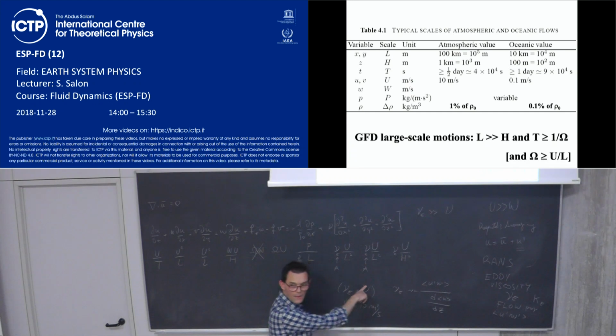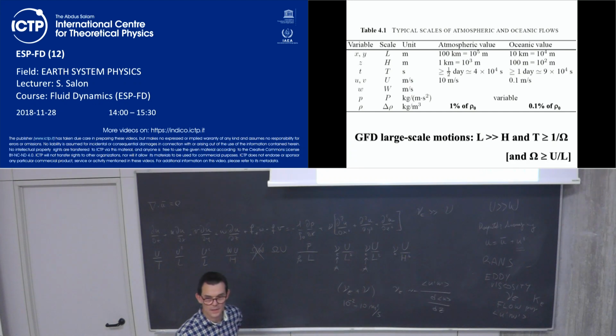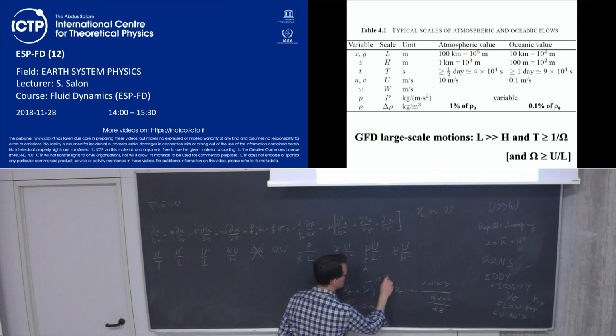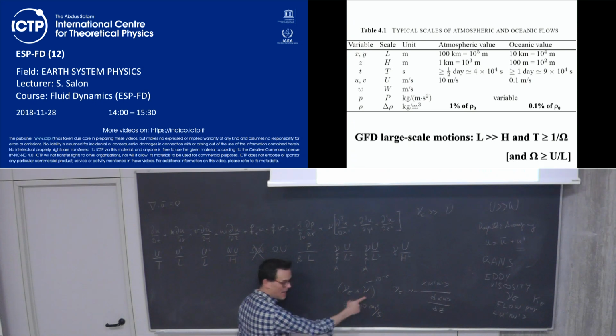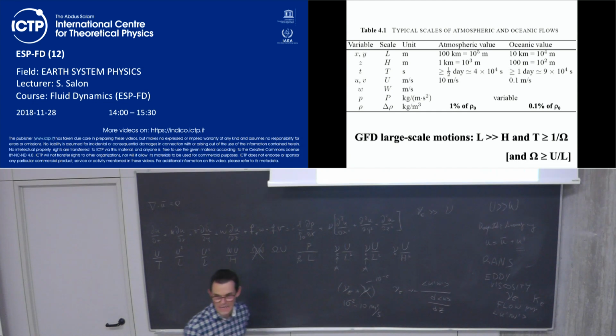While, do you remember how much is the kinematic viscosity for the water or for the air? It is 10 to the minus 6 or 10 to the minus 5. So that's why, again, still working on the idea of simplifying, I can, in some sense, neglect this.